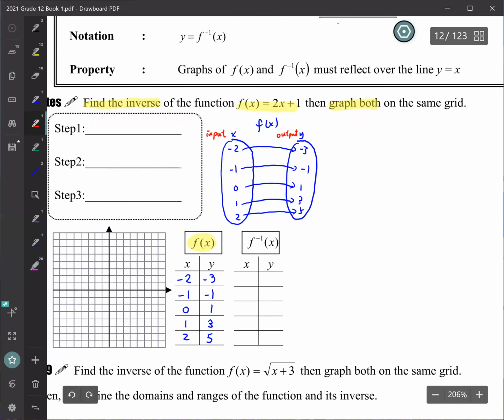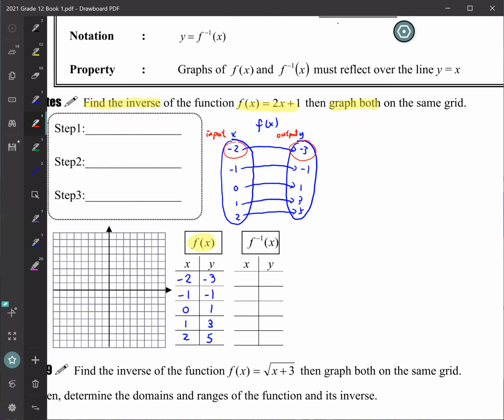Okay, so what the inverse does is we are trying to find a function, a formula that can somehow make it go backwards. Instead of putting in -2, we'll put -3 in. We're looking at the first point.